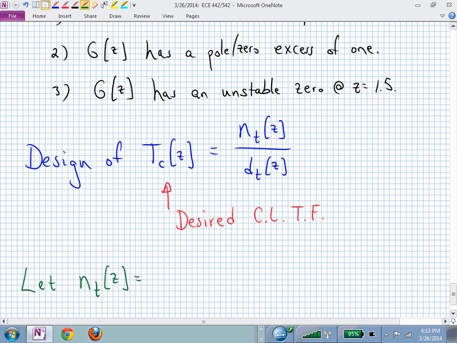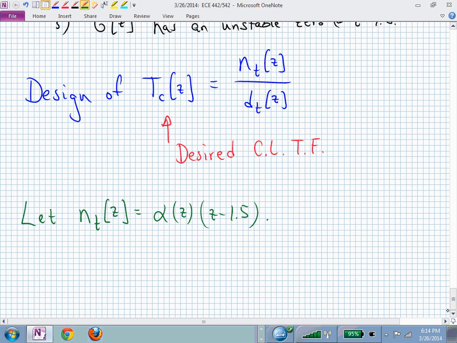So let's now just let n sub t of z equal alpha z minus 1.5. Alpha z, I don't even know how big it is yet. Might be 4th order. I don't know. Let's wait and see. See if the interviewer helps you a little bit, guides you through the process. So this is from restriction 2.